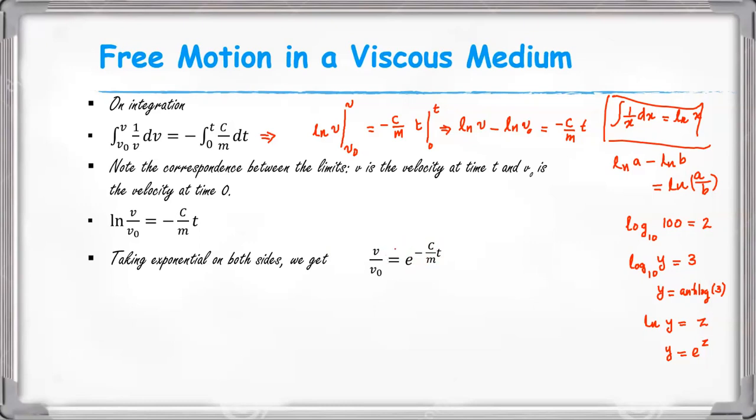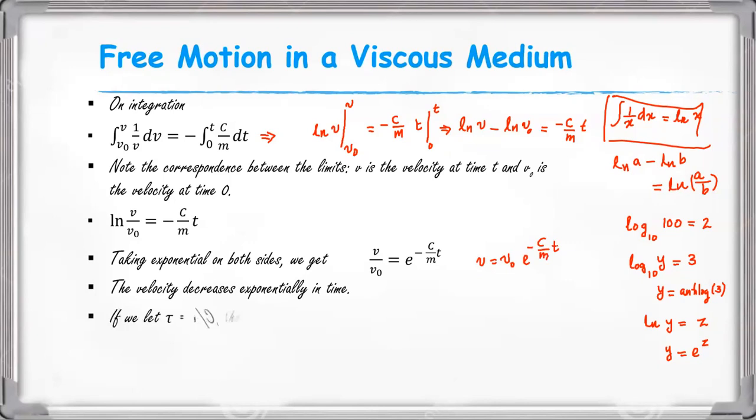From this equation, we can conclude that the velocity decreases exponentially, isn't it? Here, the expression is v is equal to v0 into e raised to minus c by m into t. The velocity decreases exponentially in time.